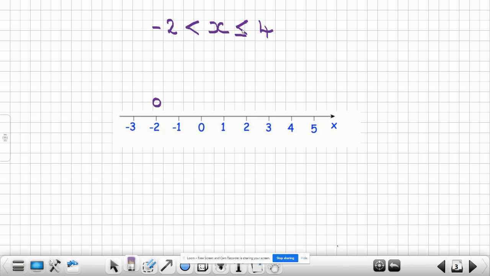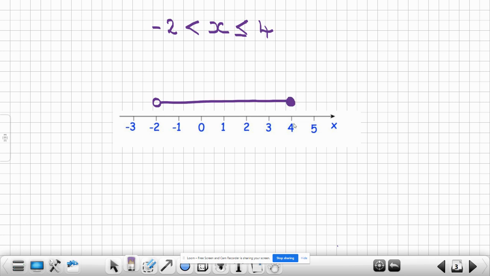X can be less than 4 or equal to 4. So I'm going to put the other boundary here and fill it in because it's included. And then I'm going to draw a line connecting the two.